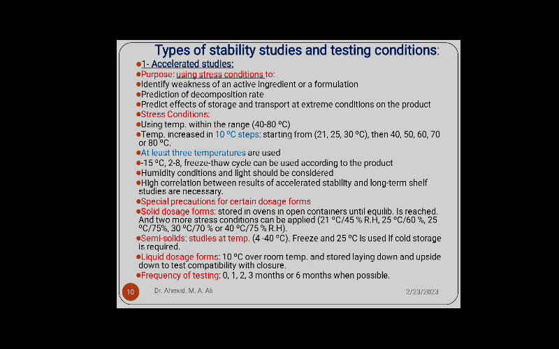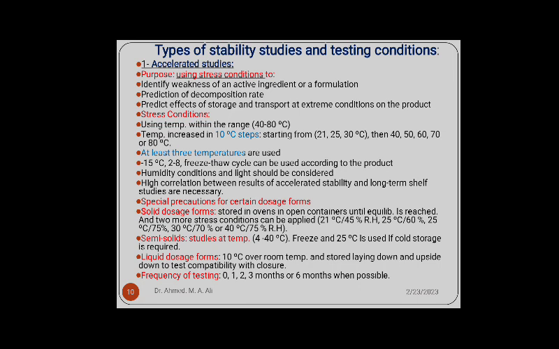Temperature is increased in 10 degree steps starting from 21. At least three temperatures are used. We can use raised temperature and put the drug in ovens to know how the drug will be decomposed and in what period it will be decomposed.